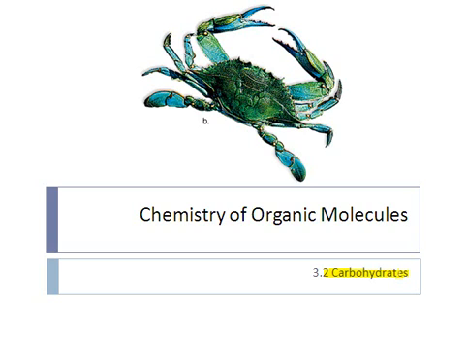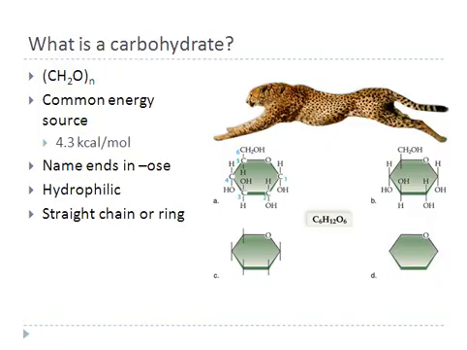Sometimes carbohydrates are mainly used for energy. The most common use of carbohydrate is as the primary source of energy, which means that it's the first choice for animals or plants to derive their energy from.